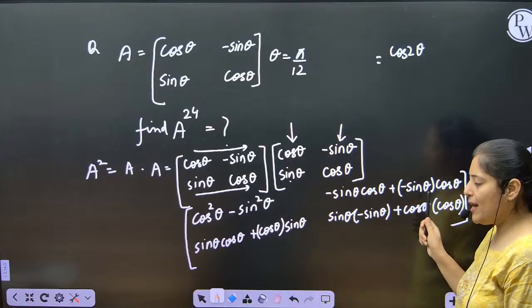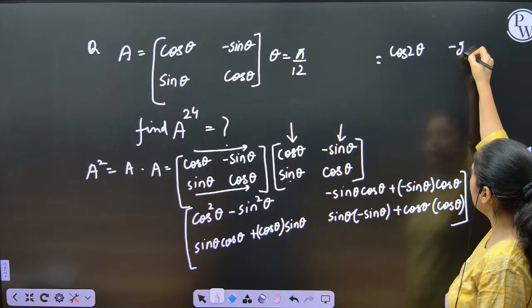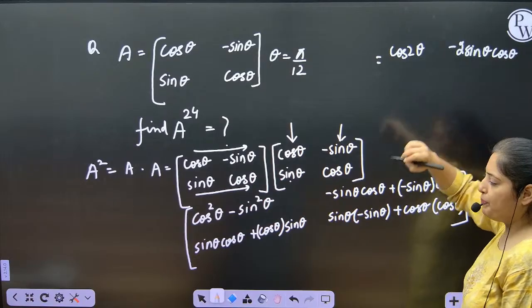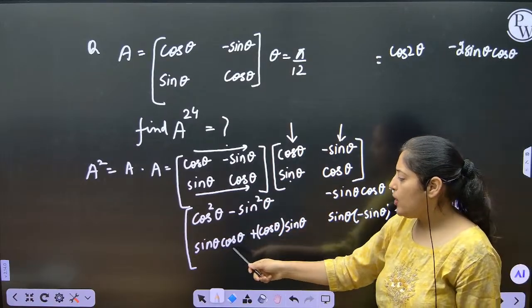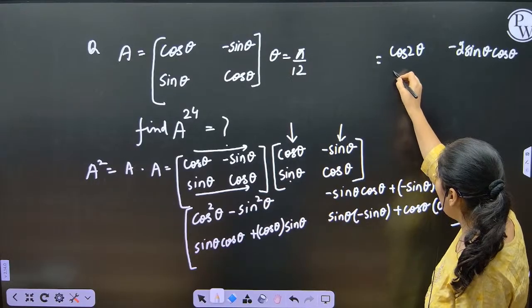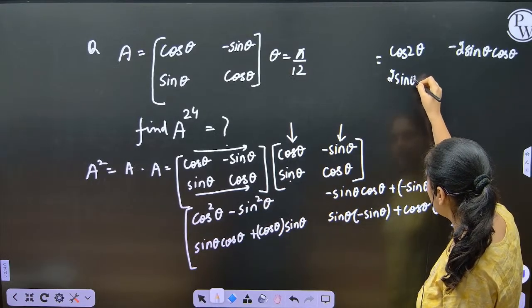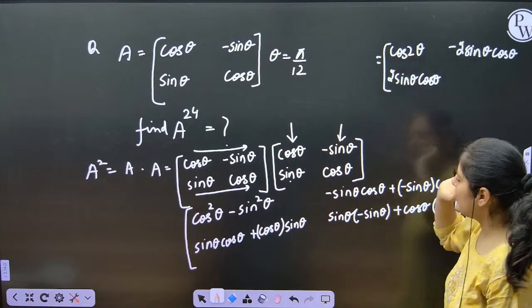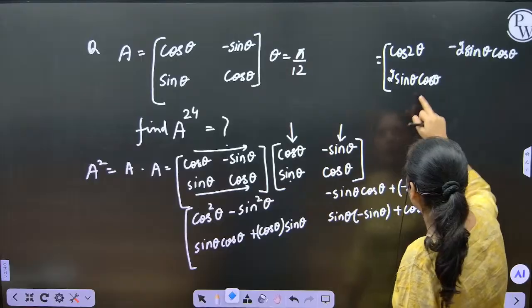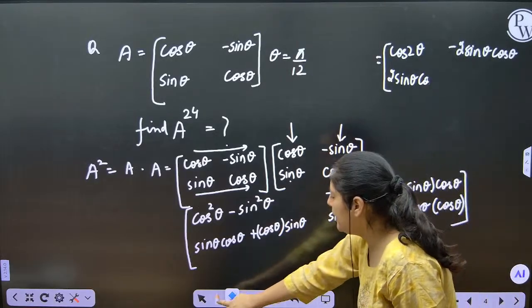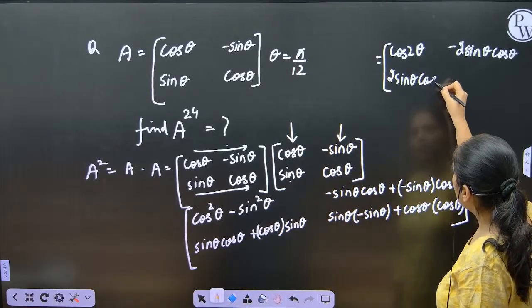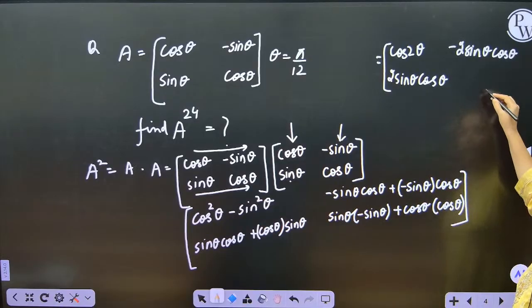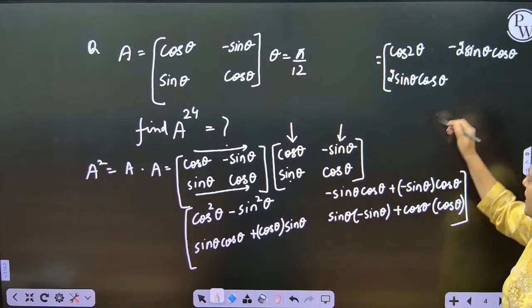So together it becomes minus 2 sine theta into cos theta. Again, sine theta cos theta plus sine theta cos theta, when you add, it will become twice of sine theta cos theta. Someone has started getting the answer now, which formula it is becoming. Minus, and this will become plus, again cos square theta minus sine square theta.